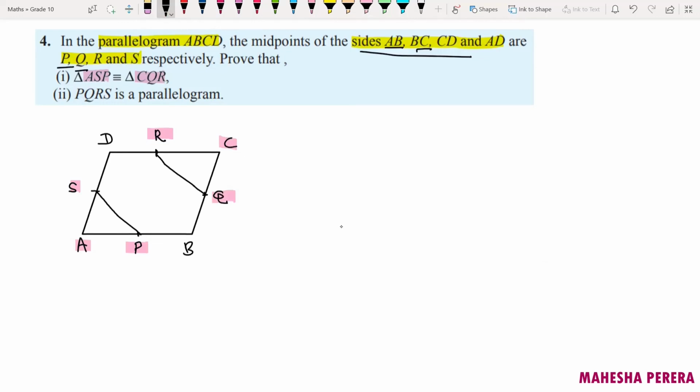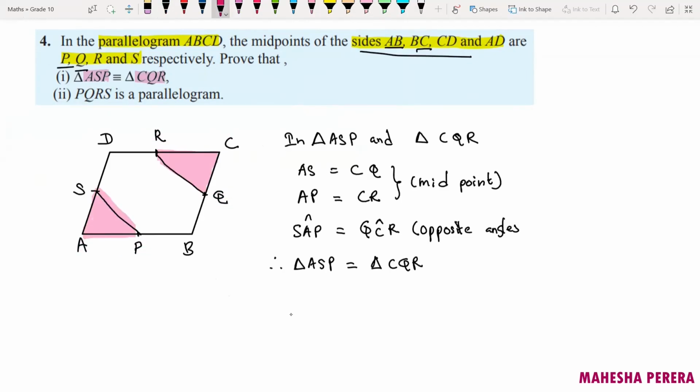Now we should prove that these two triangles are congruent. Since P is the midpoint of AB, these two lengths should be equal. The opposite side of AB is CD, so here again these two lengths should be equal, because R is the midpoint.